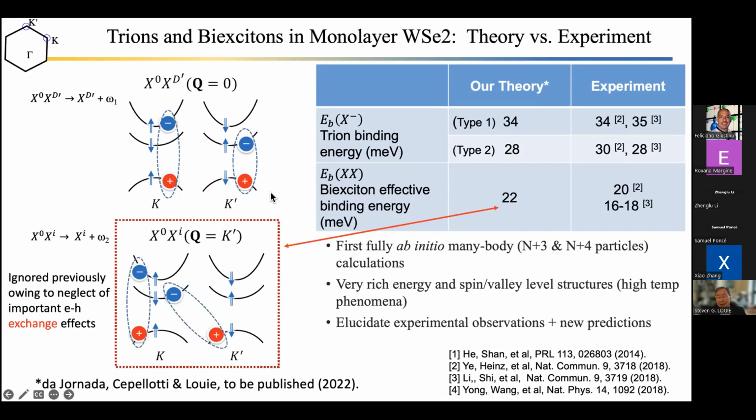But according to our calculation, the measured bi-exciton is not of this type, but is formed by a bright intra-valley exciton together with a dark inter-valley exciton. This kind of configuration was ignored previously because of the neglect of the importance of the electron-hole exchange effect, which one could include accurately in our four-particle Green's function approach.